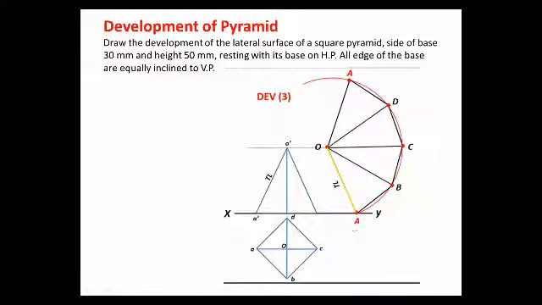development we are taking the capital letters, that is capital A, capital B, capital C, capital D and again capital A. In previous lecture I told you why to take the same point at the starting and at the ending, because we are cutting the pyramid from one line which will be splitting.